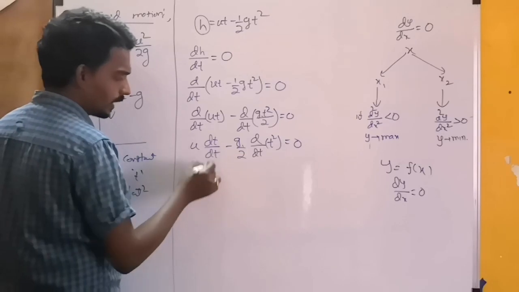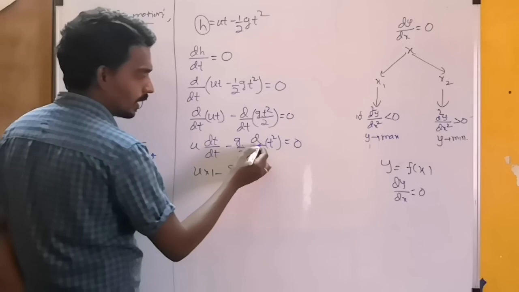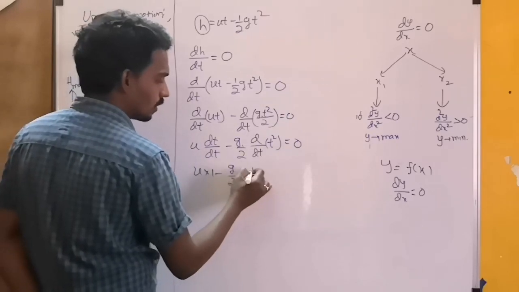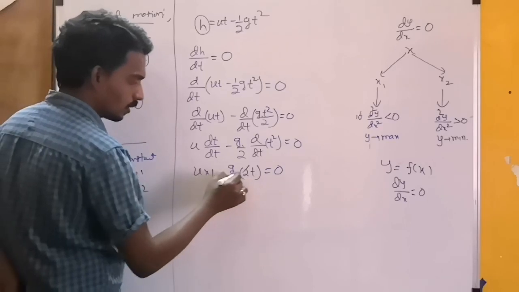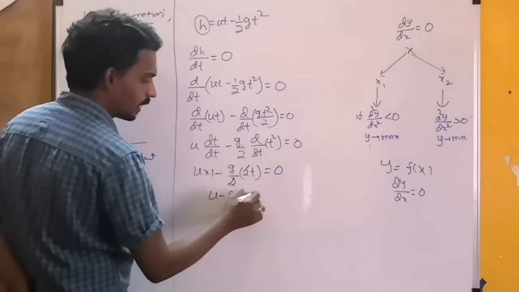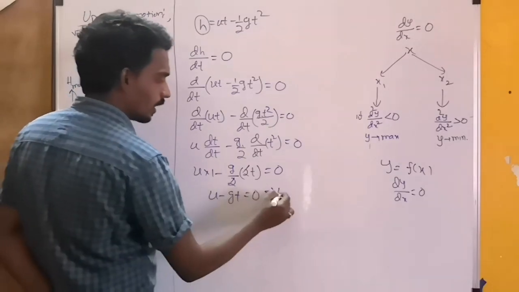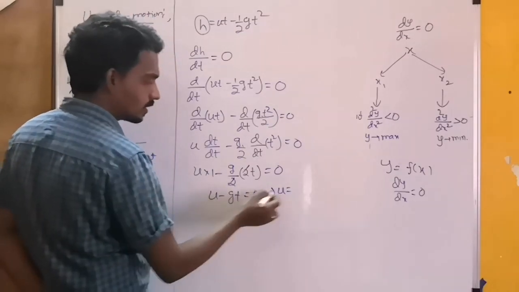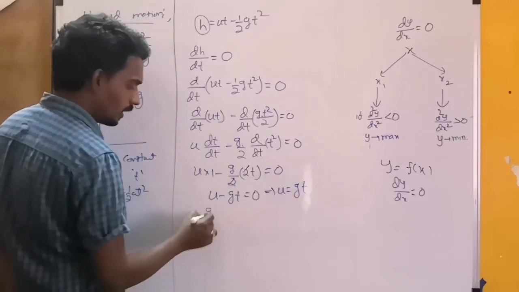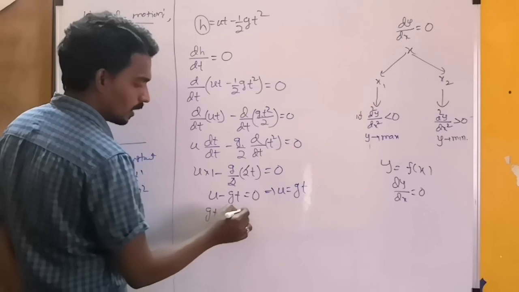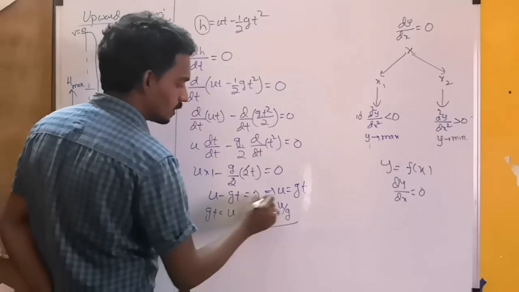Then u into dt by dt 1 minus g by 2 into d by dt of t square, 2t, should be 0. u minus 2 cancel, gt equal to 0 implies, take this side, u equal to minus gt will become plus gt. Then gt equal to u implies t equal to u by g.